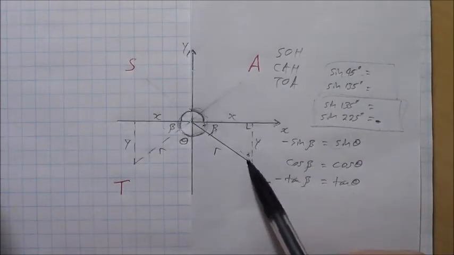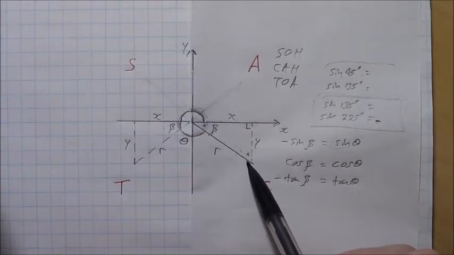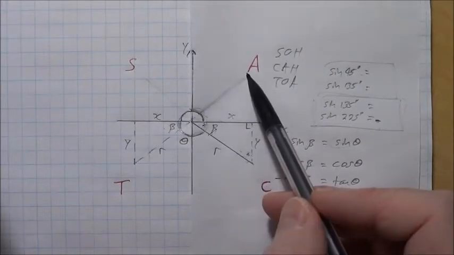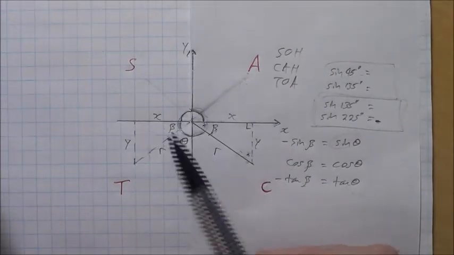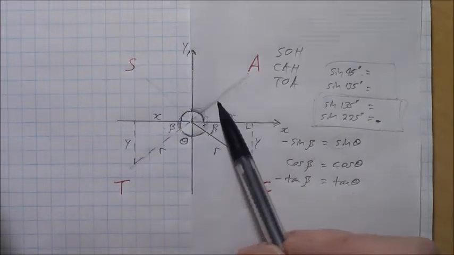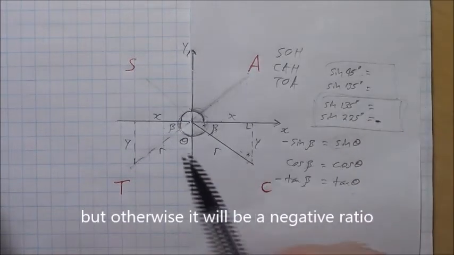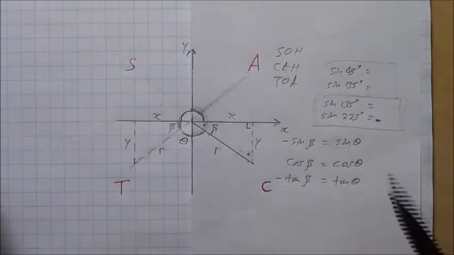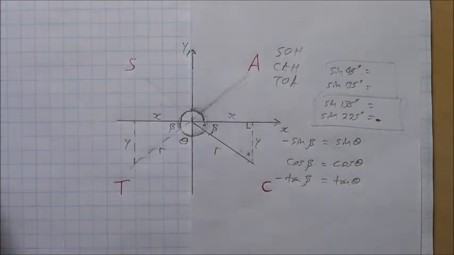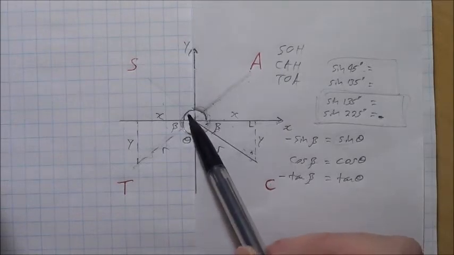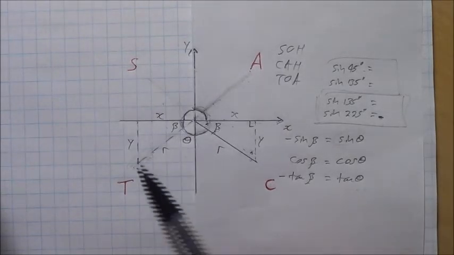Cosine is positive in the fourth quadrant, and cosine is also positive when the terminal arm is in the first quadrant. Tangent is positive when the terminal arm is in the third quadrant, and also in the first quadrant. So there are always two positions, and I've just been talking about the positive values, but it also works the same with the negative values. Cosine is negative when the terminal arm is in the second quadrant and the third quadrant.